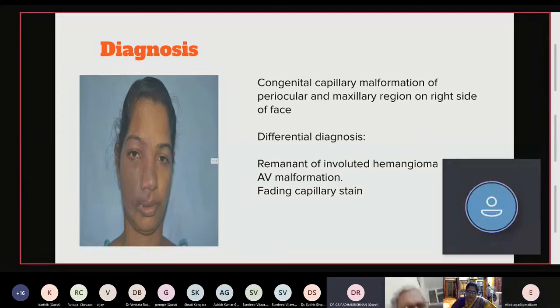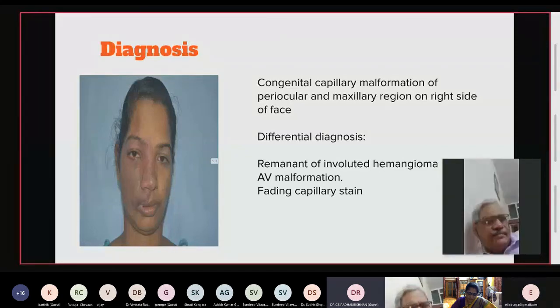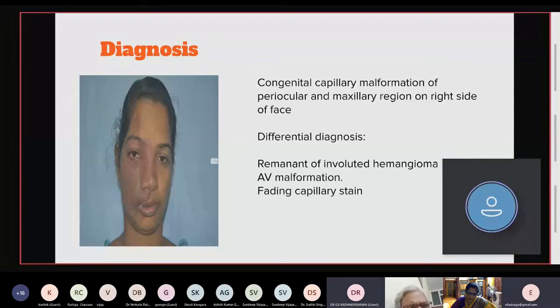Okay. So what will you do? You have counseled the patient. Even though through history we have ruled out Sturge-Weber syndrome, sir, there may be an association.